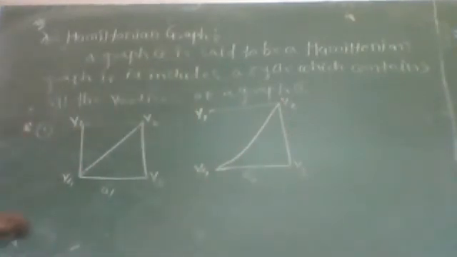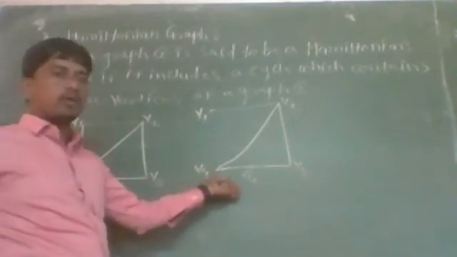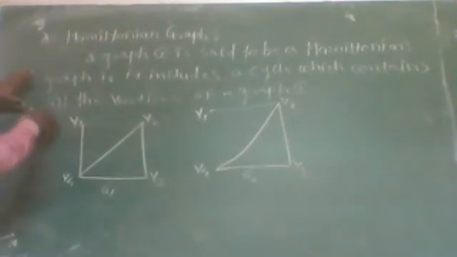Now we have to check whether G1 and G2 are Hamiltonian graphs or not.